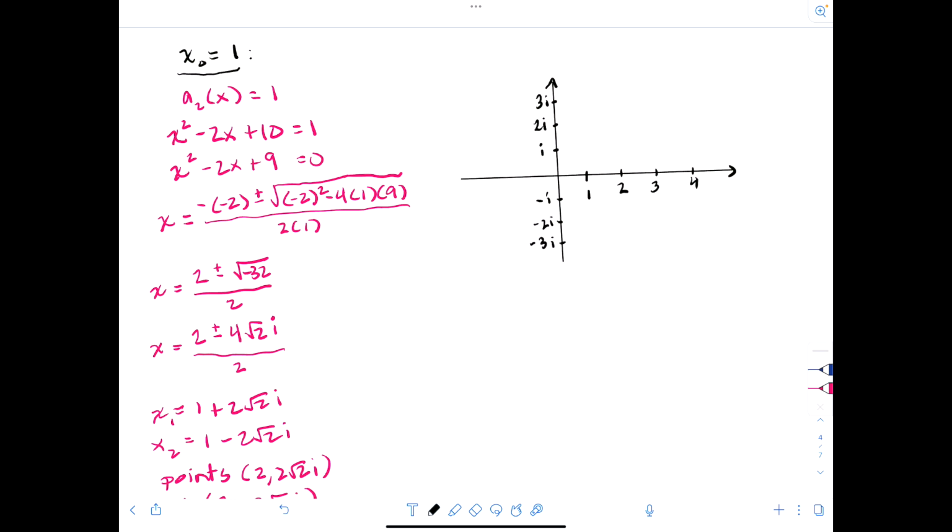And so now, instead of being centered at 0, it's centered at 1, 0, right? Or it's at the point that we're interested in, which is our ordinary point of the DE, 1, 0. So this is the ordinary point, 1, 0.